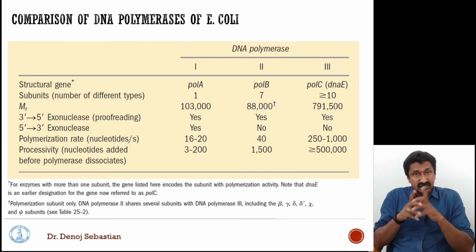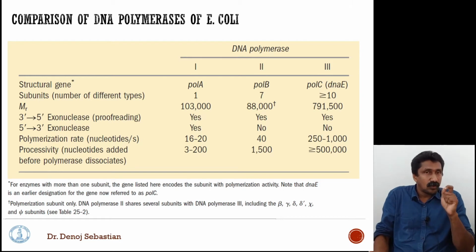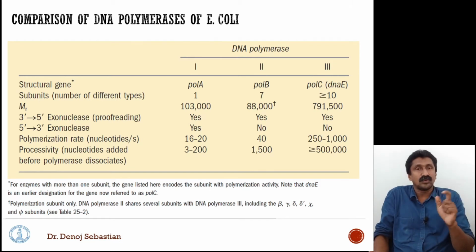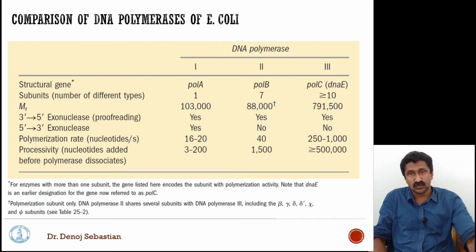Here, as I mentioned, DNA polymerase 1, 2, and 3 are available in prokaryotic systems, especially E. coli, and we have the Pol A, Pol B, and Pol C genes coding for those particular enzymes. The subunits are also mentioned. For example, polymerase 1 has a single subunit, which is coded by Pol A, whereas DNA polymerase 2 has 7 subunits, which are coded by the Pol B gene.